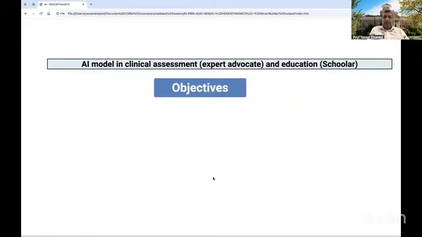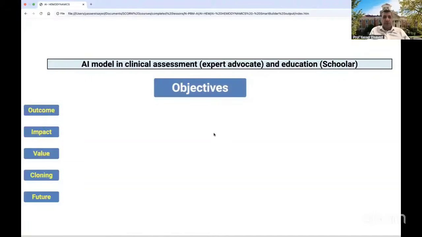I'm talking in this presentation about two main aspects. The applying of an artificial intelligence model in our practice, to integrate clinical assessment when we have clinical problems at the bedside, and also for you as an educator, if you are a senior pediatrician or neonatologist educating your fellows or your staff, you need to know how to use artificial intelligence as a scholar model.